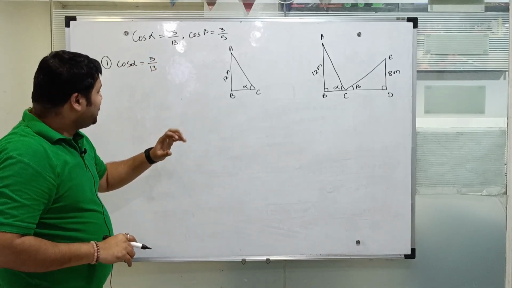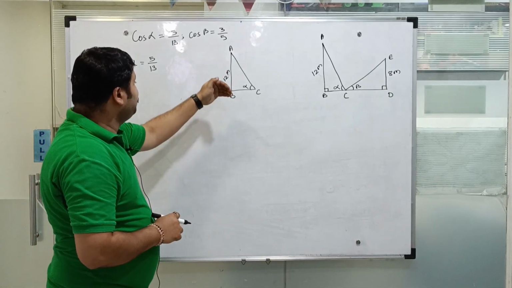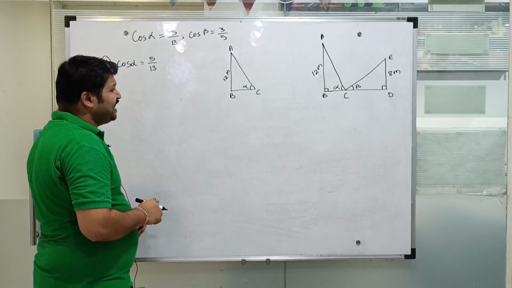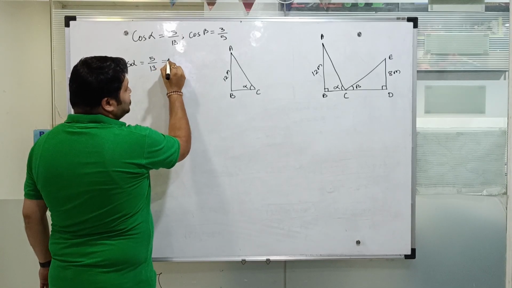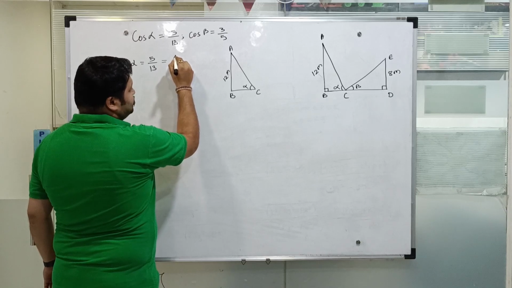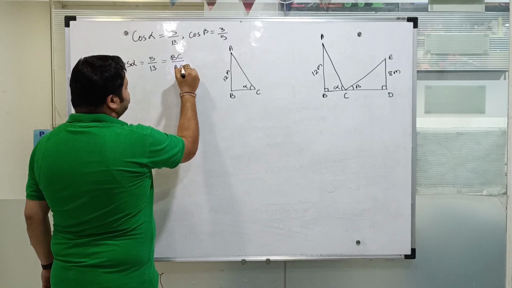So I can take a common multiple x for the remaining two sides. Now cos alpha in this case is BC upon AC.